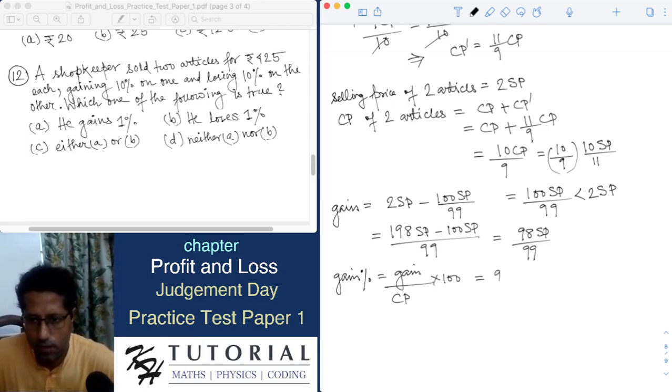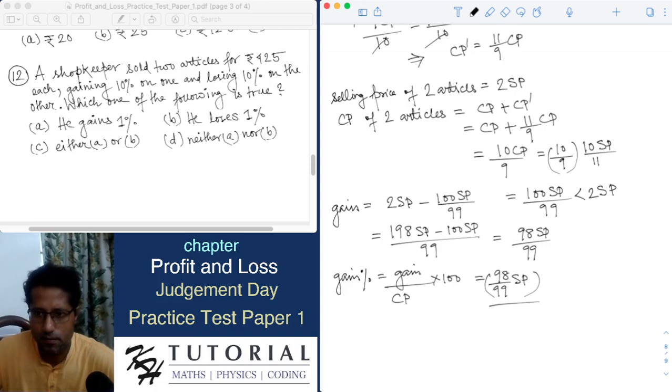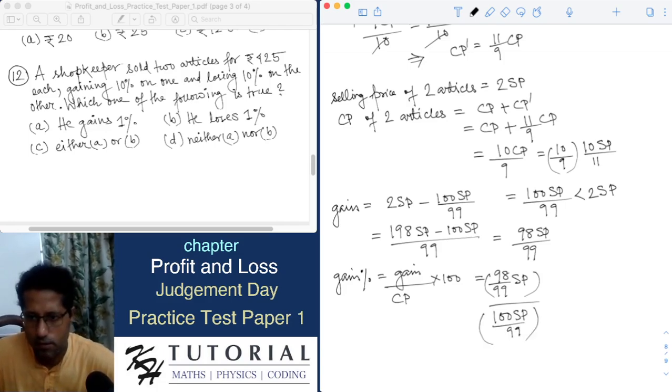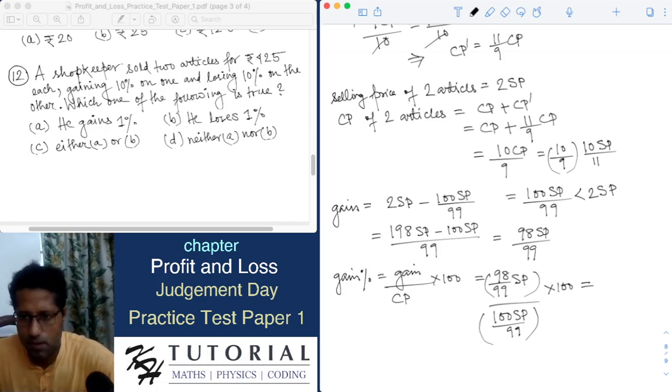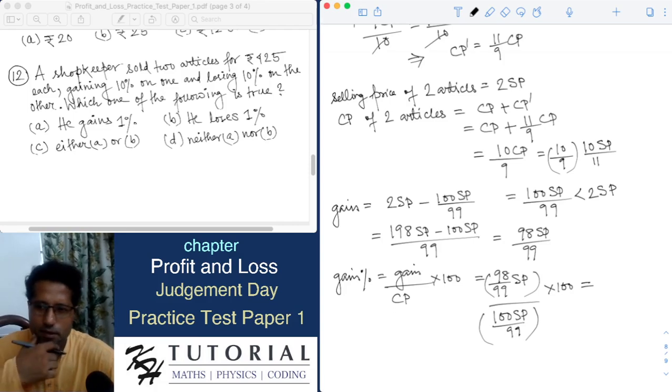This is equal to 98 by 99 SP divided by the cost price of two articles, which is 100 SP by 99, multiplied by 100. This equals SP by 99 will cancel out, and this will be 98.